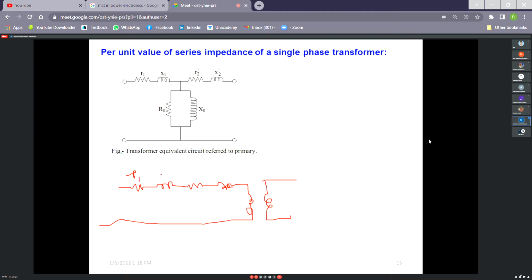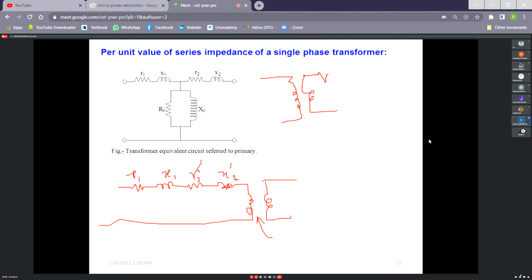These R1, X1, R2, X2. Obviously, it is X2 dash referred to primary. This is the ideal transformer.